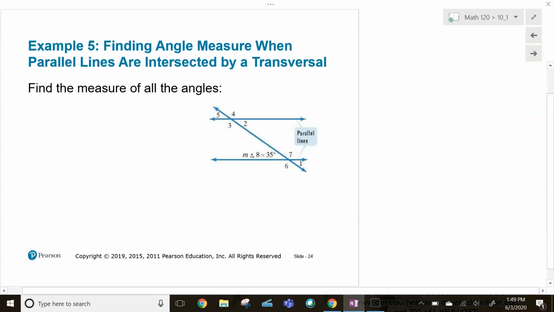All right, let's do an example here. Find the measure of all angles. They give us angle 8 right here, and they say this is 35 degrees. I'm going to start out with my vertical angles. If that's 35 degrees, I know angle 1 has to be 35 degrees, by vertical angles.